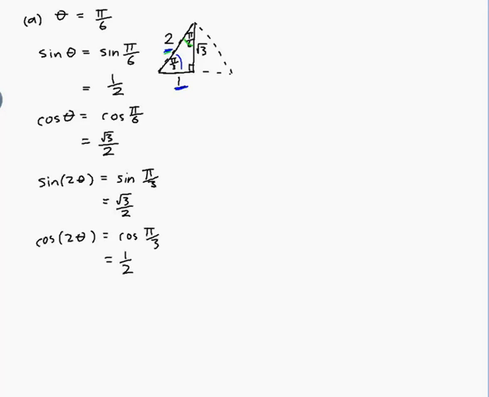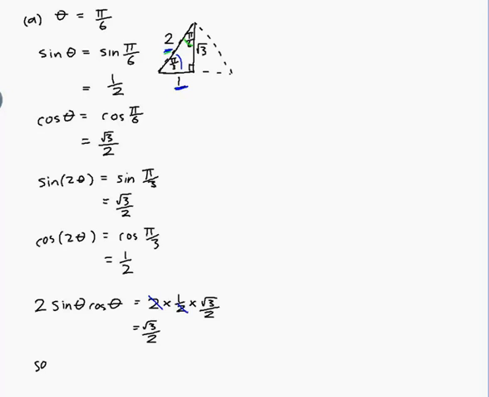Alright, now I've got enough information to try and verify my formulas. Sine 2 theta is supposed to be 2 sine theta cos theta. So 2 sine theta cos theta is equal to 2 times sine theta, which is a half from above, times cos theta, which is root 3 on 2, and I can just cancel out some of these 2's to give me root 3 on 2, which from above is actually equal to sine 2 theta.